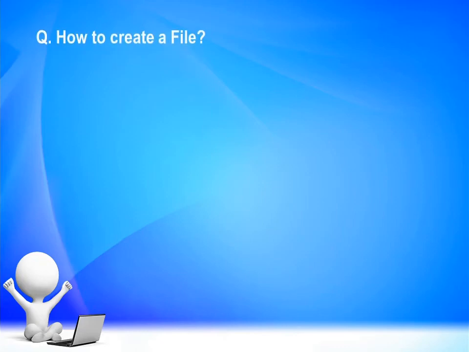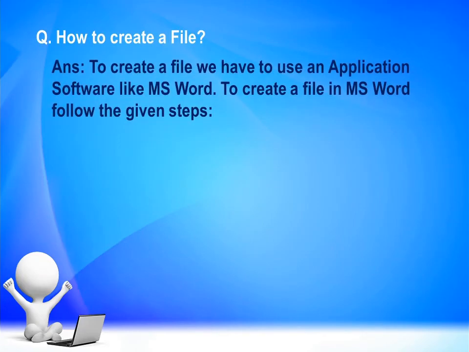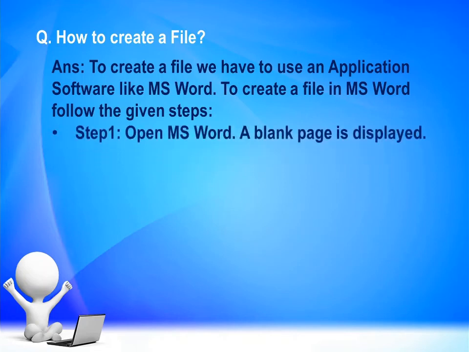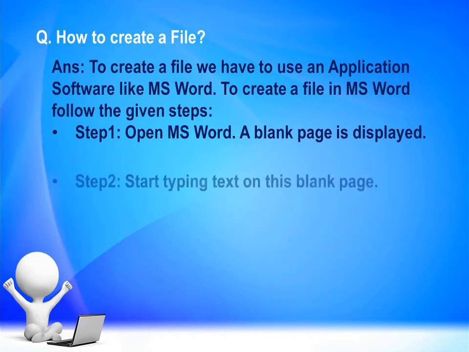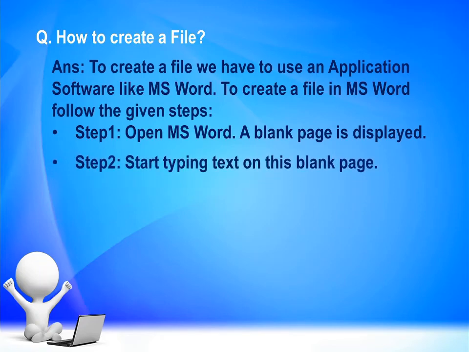Next question. How to create a file? To create a file, we have to use an application software like MS Word. To create a file in MS Word, follow the given steps. Step 1. Open MS Word. A blank page is displayed. Step 2.